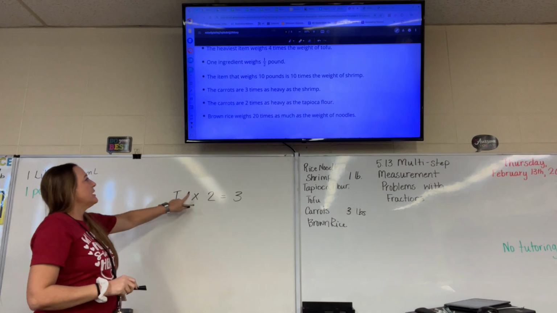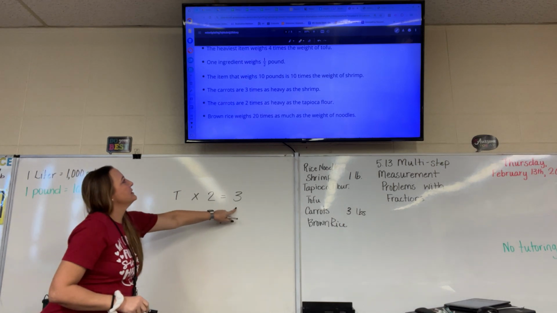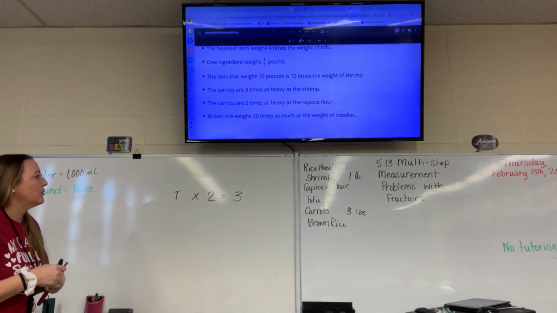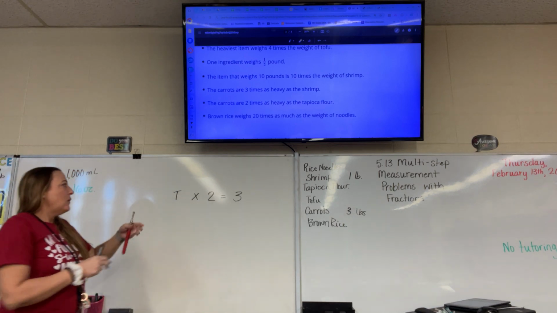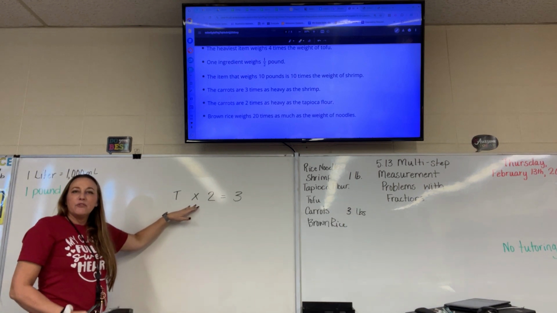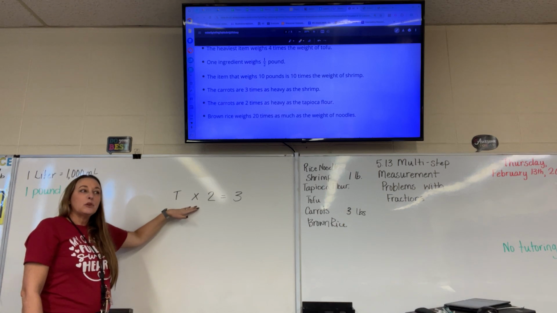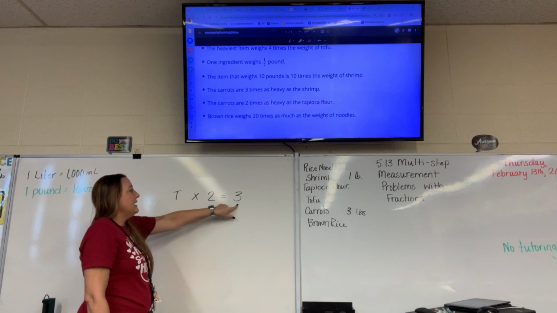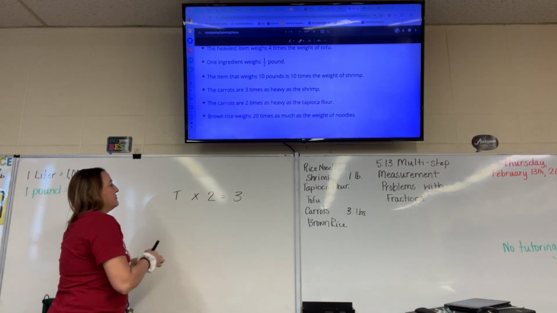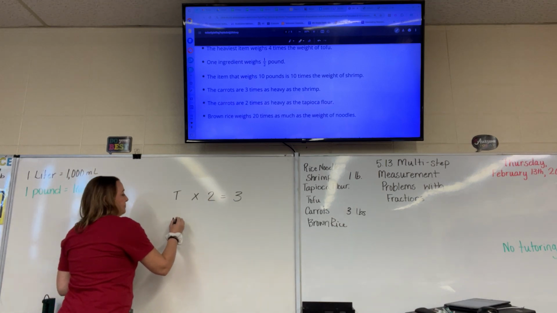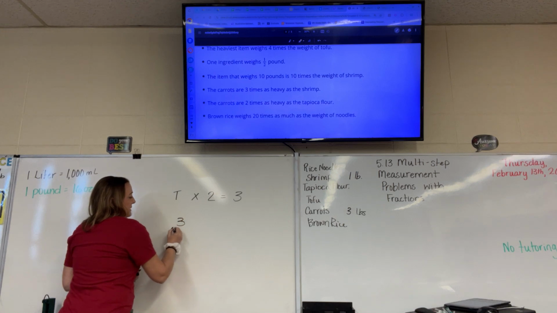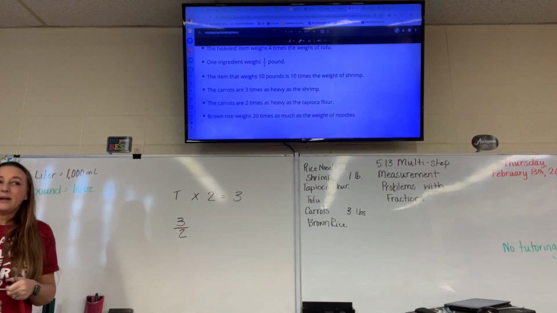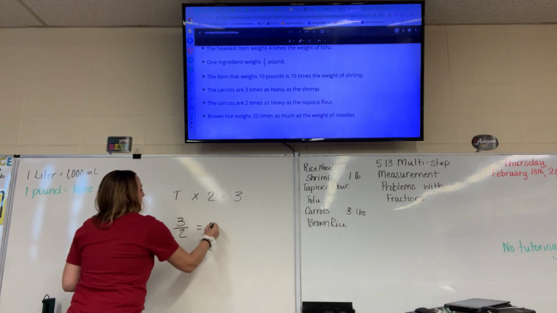When we don't know part of a multiplication problem, we have to work backwards and divide. So 3 divided by 2 gives me the tapioca flour. 3 divided by 2 is 3 halves, equals the tapioca flour.